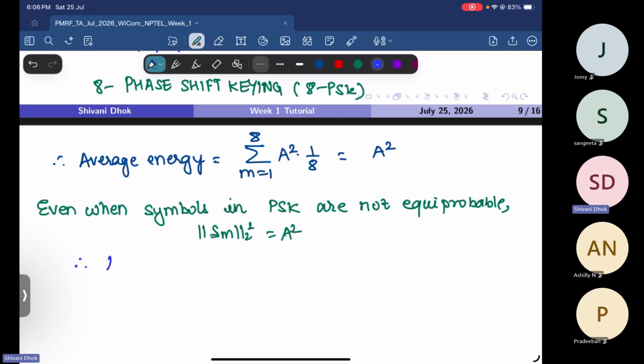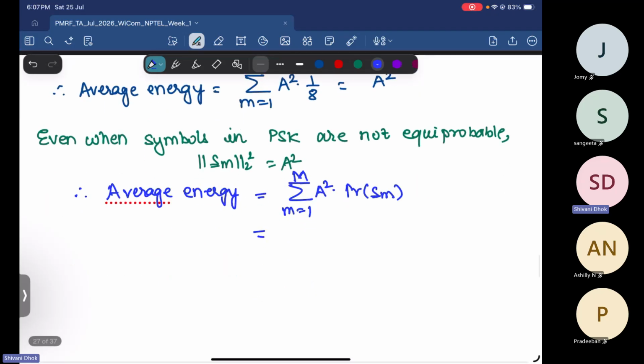So therefore, your average energy is summation m equal to 1 to M. Let's say you have general M points, into norm Sm square, that is A square, into probability of Sm. So this A square is independent of m, that comes outside, into summation m running from 1 to capital M probability of Sm, and summation of all the probabilities is 1. So this again turns out to be A square.